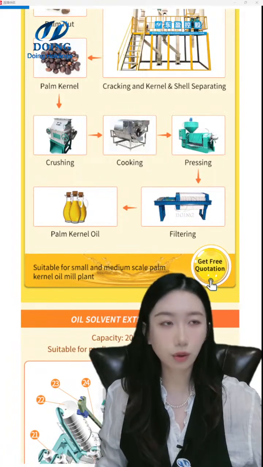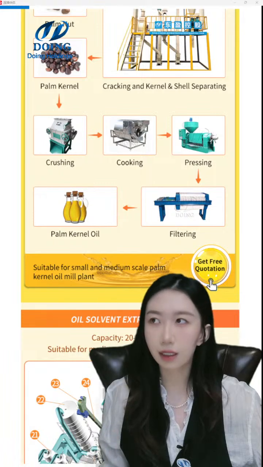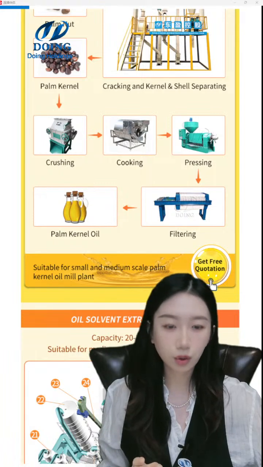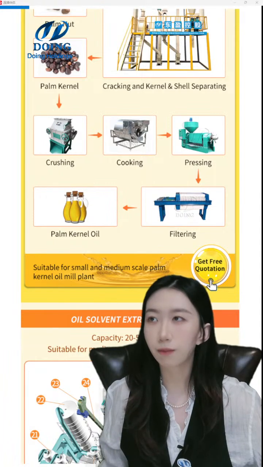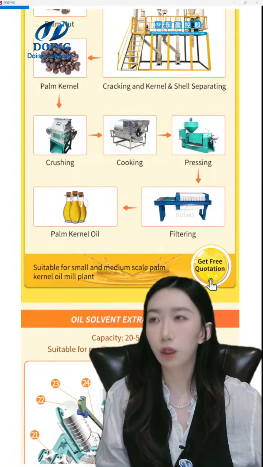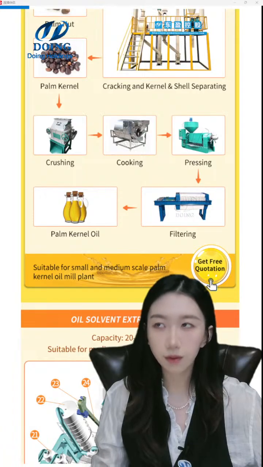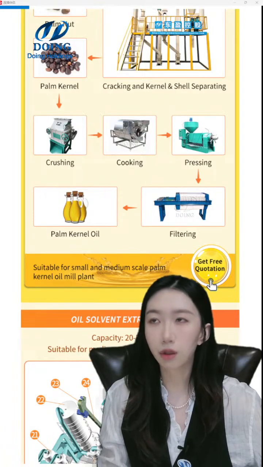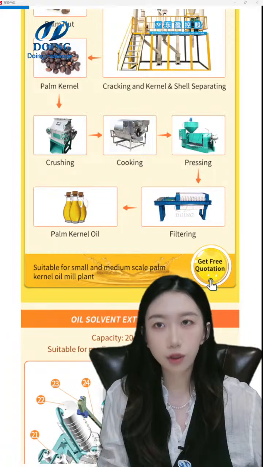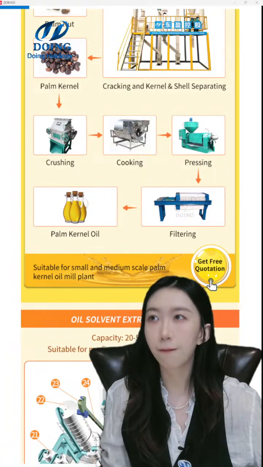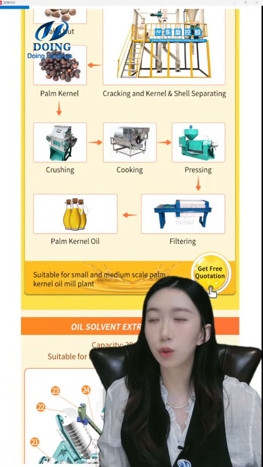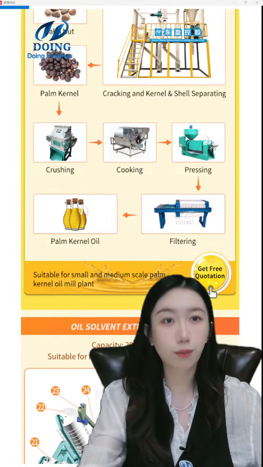The palm kernel will be divided into 3 to 8 pieces, and then transported to the cooker, to make the palm kernel's internal moisture content suitable for pressing.